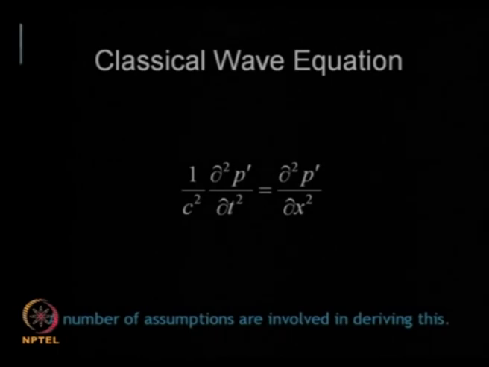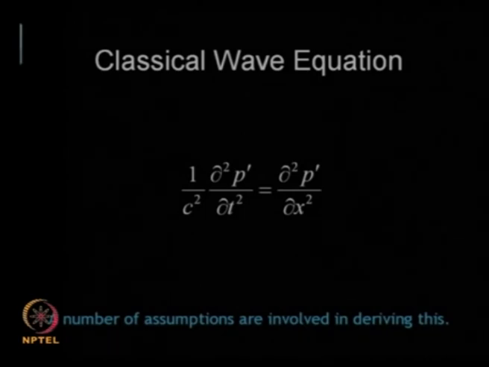We had to make a lot of assumptions because the equations get very complex, and also, as I mentioned, in the presence of flow, separating the acoustic wave from a vorticity wave and entropy wave, and from the base flow itself, is not a trivial thing. So to keep things simple, we made these assumptions, and we derived this wave equation: 1 over c squared dou squared p prime over dou t squared equals dou squared p prime by dou x squared.